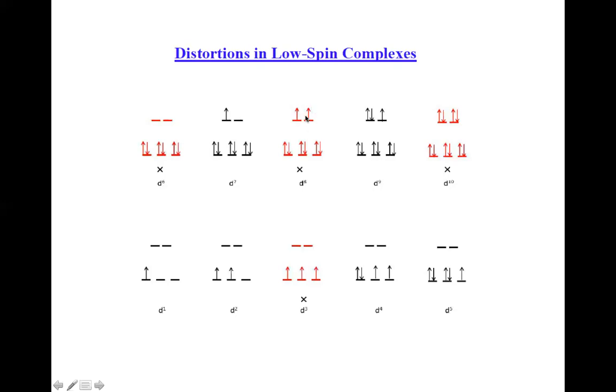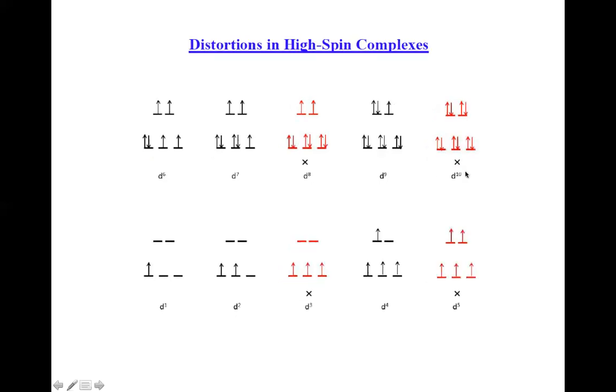So eg symmetric, t2g symmetric. As a whole, the molecule does not undergo any kind of distortion. d9, as in the case of copper, will undergo elongation. Distortion will be there because eg is unsymmetric. d10 is obviously symmetric and will not show any kind of distortion.